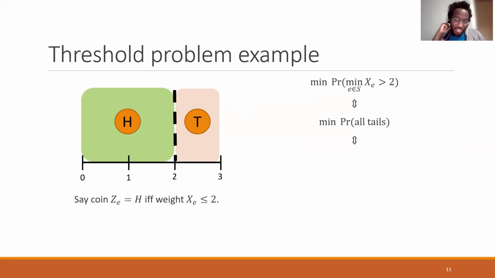One thing you might realize is that this problem, even though we've cast it in an adaptive light, even though we're looking for an adaptive approximation, is essentially a non-adaptive problem. As soon as you get a single heads, your run is over, you've won. And if you don't have a heads yet, it's as if you never flipped anything, except you lost some budget and some available elements to choose from.